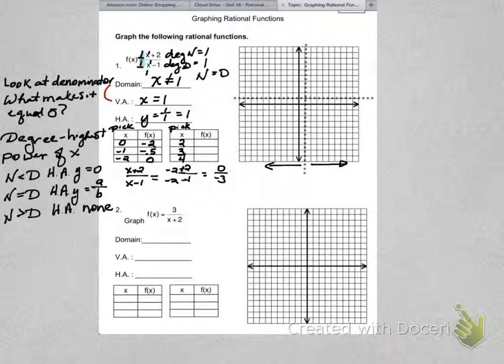Going up here on the other side, the other graph, we'll have 2 plus 2 over 2 minus 1, or 4 over 1.